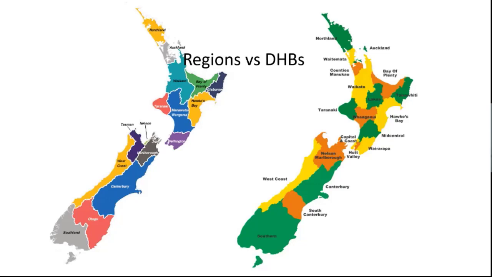So if my number said I have 50 cases in the Southern DHB, which is that big green blob at the bottom of the South Island, that actually consists of two regions, Southland and Otago. So into which province would I then put that number?